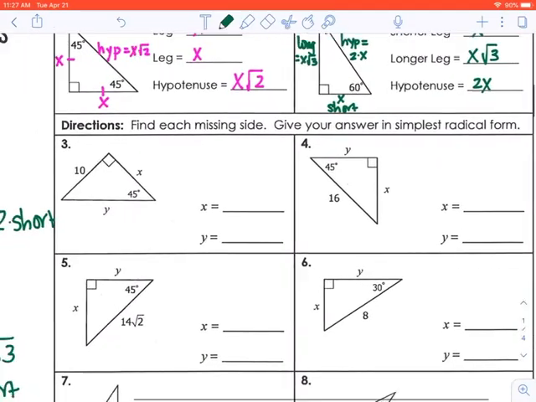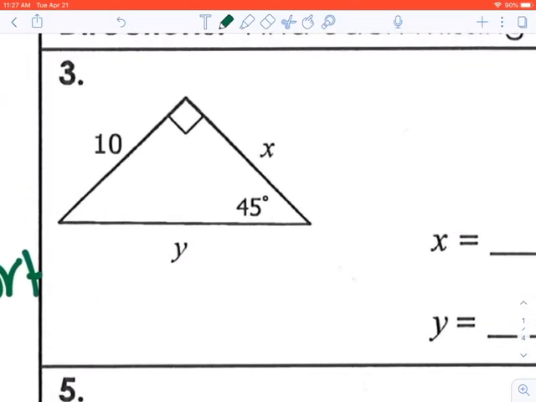Okay. On number 3 here, because you see the 45, then you know it's a 45, 45, 90, and the 2 legs are going to be equal to each other because it's isosceles. And so since one leg is 10, the other leg is also going to be 10. So we have x is equal to 10. Now y here is the hypotenuse, okay?